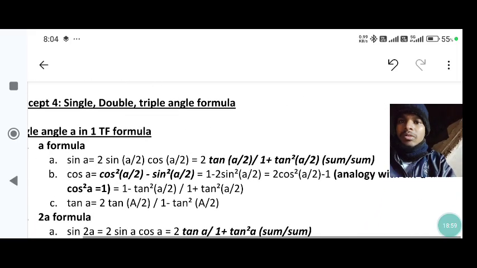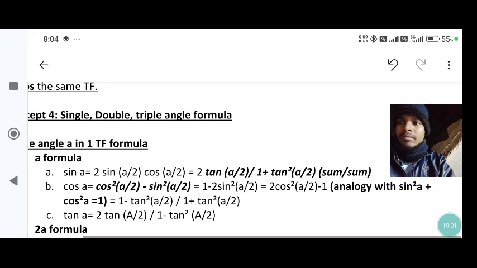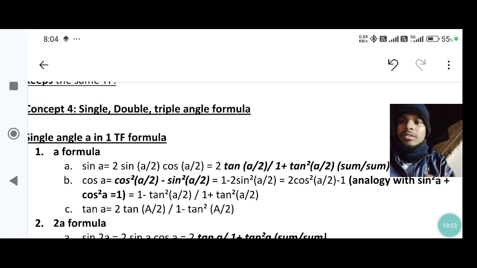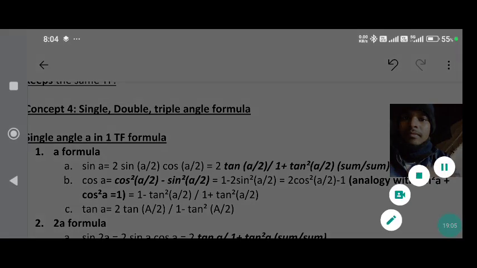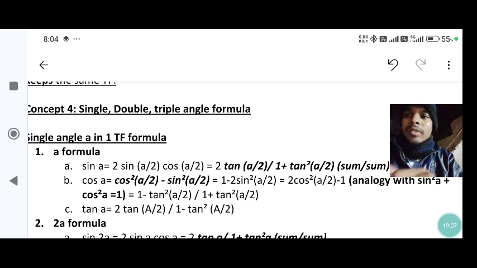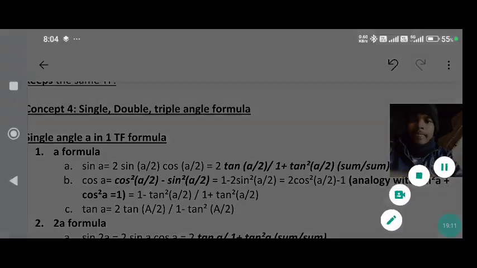It holds an analogy with sin square A plus cos square A equal to 1, and it equals 1 minus tan square A by 2 divided by 1 plus tan square A by 2.